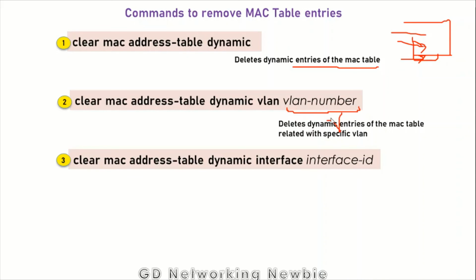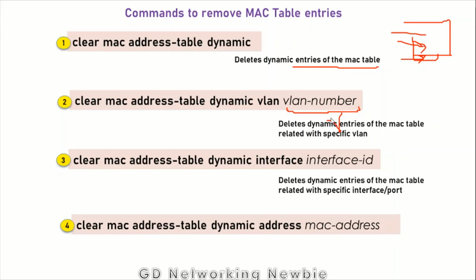And then we have clear mac address-table dynamic interface. So this deletes the dynamic entries of the MAC table related with a specific interface or port. And finally, clear mac address-table dynamic address, followed by the MAC address.